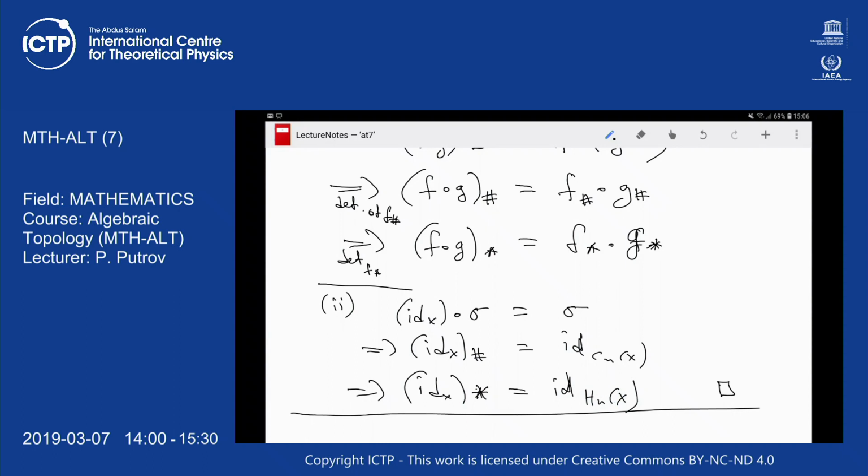Yes, but the only idempotent in any group, an element whose square is itself, is the identity, because we can just multiply by the inverse. But here we don't know that there is an inverse. It can be something like a projection.